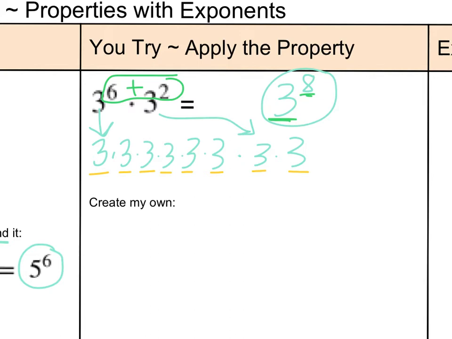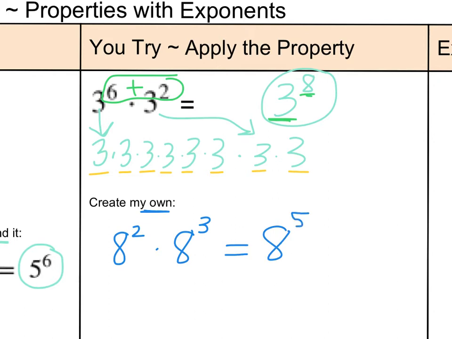So now I'm going to ask you to create your own example. So you pick the base and the exponents. Just make sure you keep the base the same. I'm going to go with 8s. And you can create your own. So I'm just going to go with something like that.